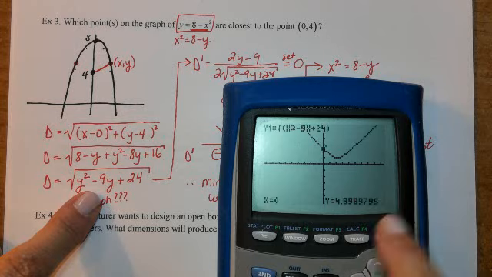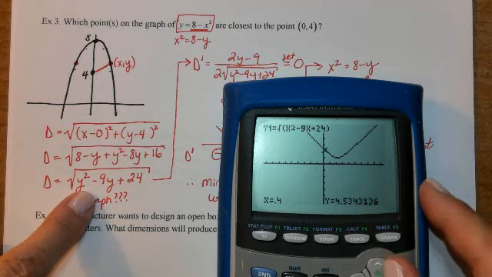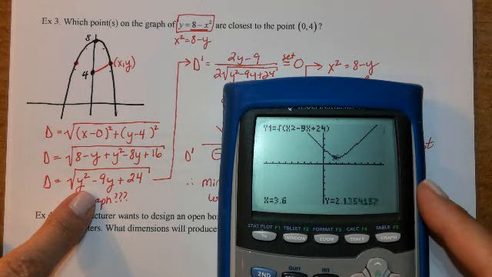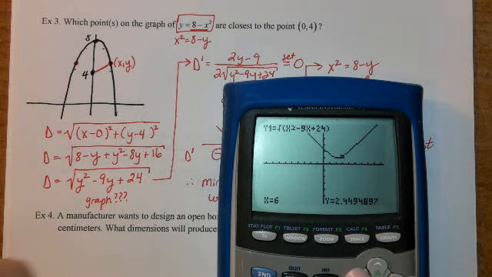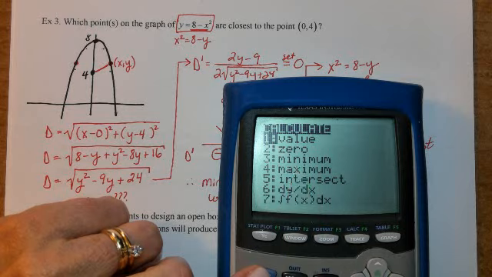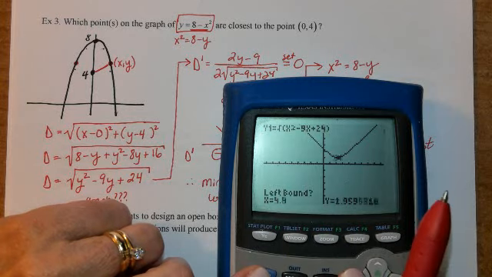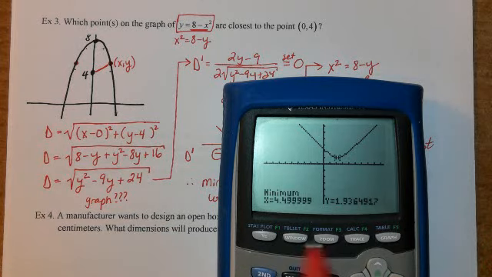And if we trace, does it have a minimum? Does the graph of this have a minimum? It sure does. And it happens right here. Right there. And I can find the minimum using the calculator: go from there, enter, 9 halves.